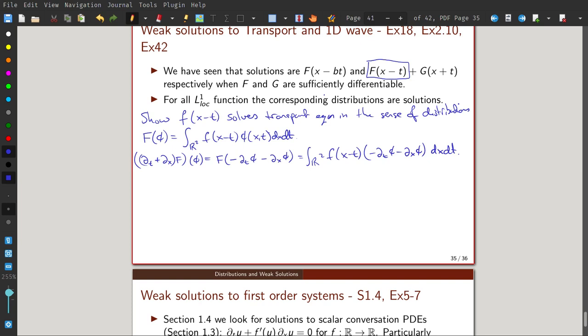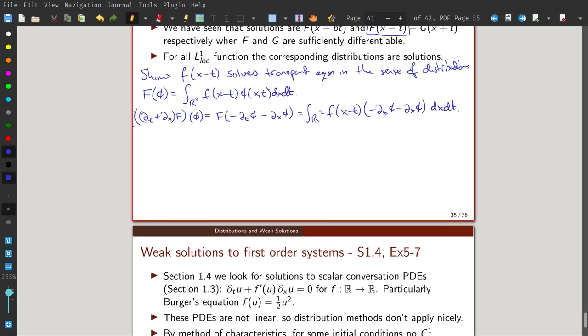So I can't apply the partial integration like I did previously. How can I still prove that this always comes out to 0, so that I can show that F always solves the transport equation in the sense of distributions?